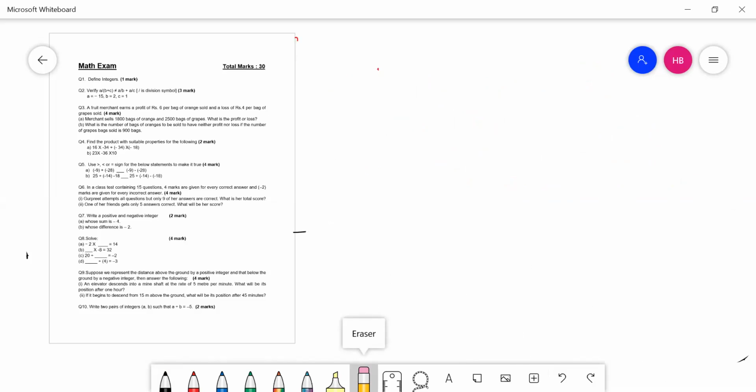Yes. So let's do the first question. The first question is 16 into minus 34 plus minus 34 into minus 18 into minus 18. That's the question, right?